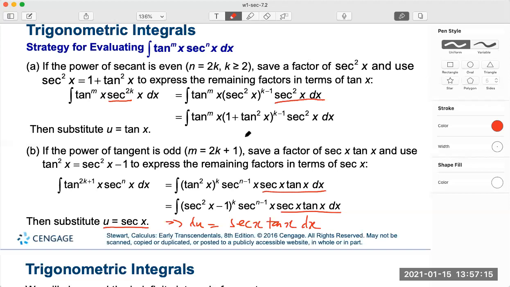That's for the odd power. Yes, if the power of tan is an odd number, then we take one tan from this to write it here, and one term of secant, we write it here, right?